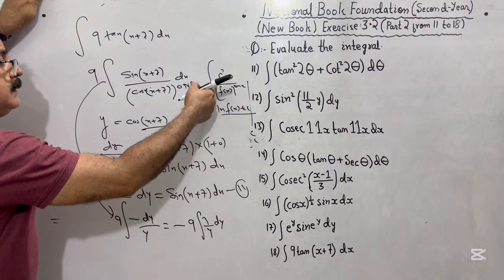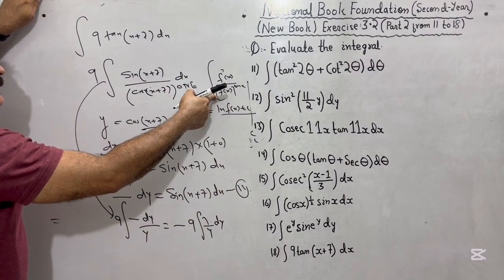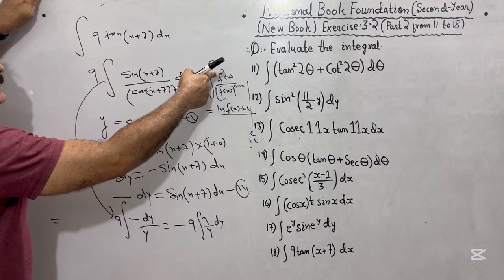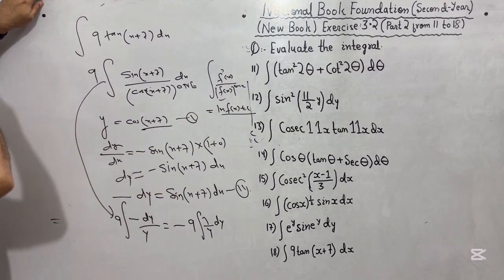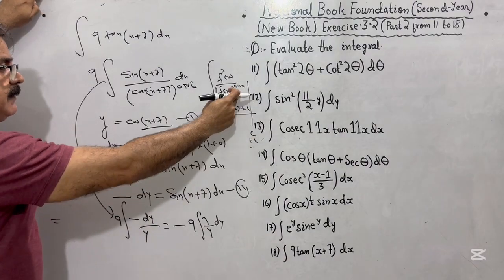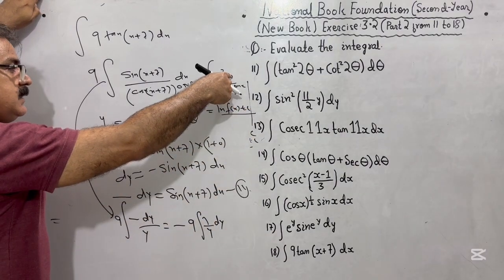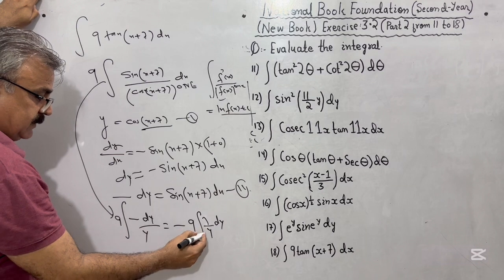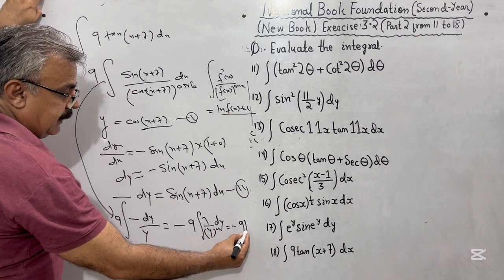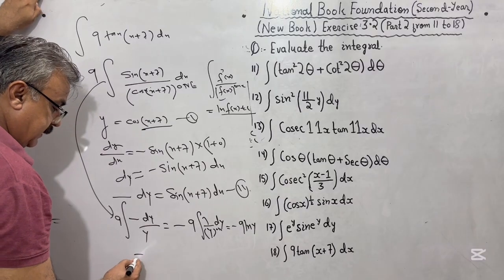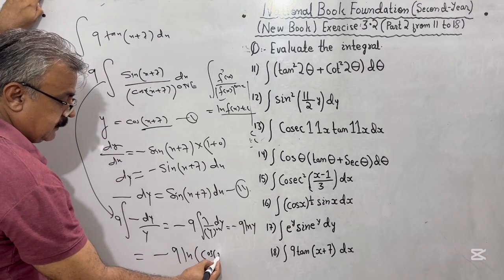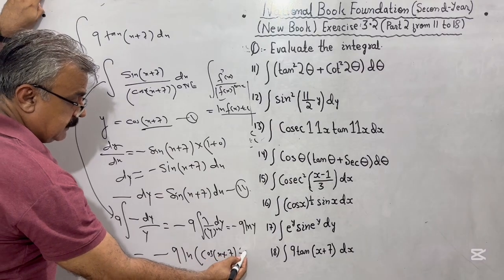It's the case where the function is in the denominator having overall power 1, differentiation in the numerator, that's the case here, and function has overall power 1. It is case of ln y. Report the value of y, minus 9 ln value of y is cos angle x plus 7 plus c.